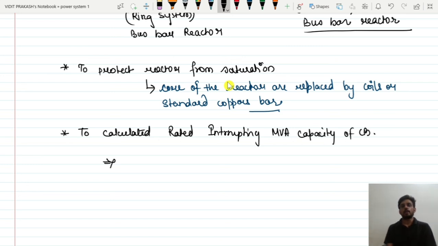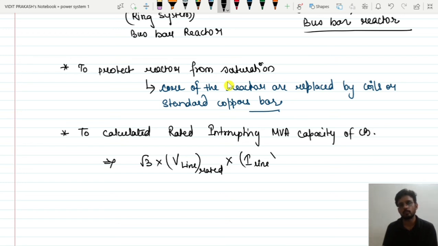At which MVA value will your circuit breaker interrupt? That can be calculated as root 3 times the rated line voltage into the interrupting current, or interrupting line current.